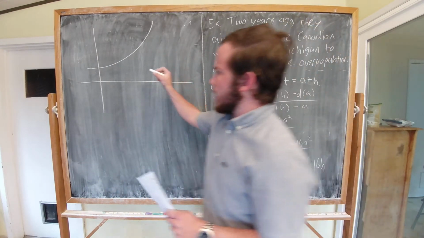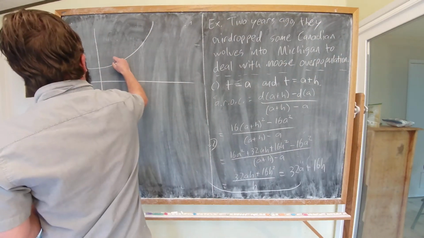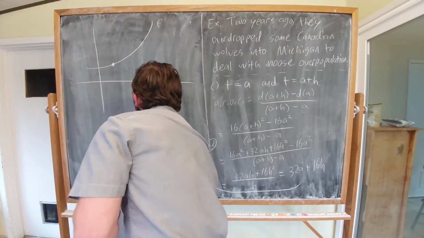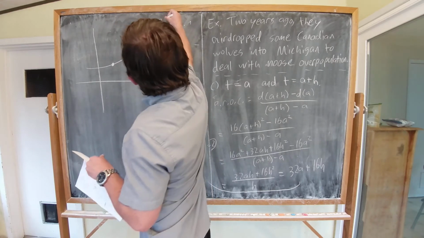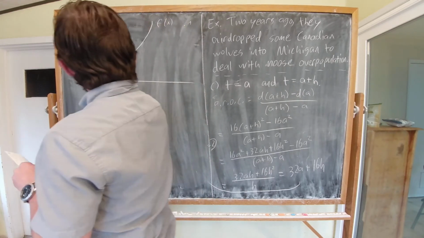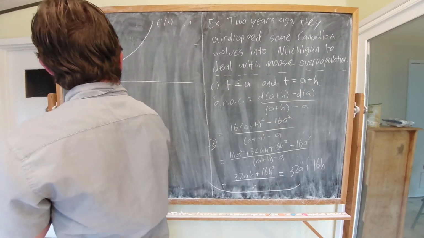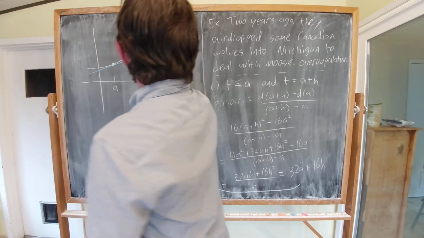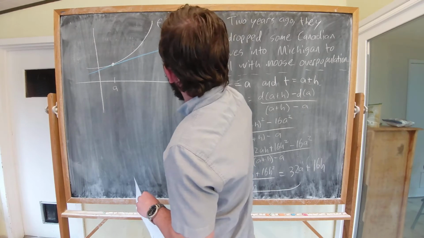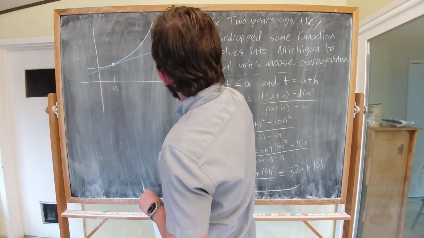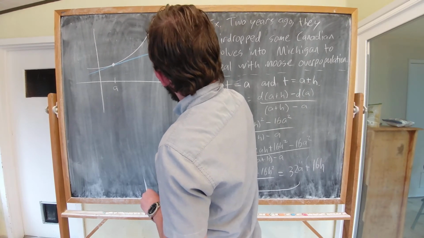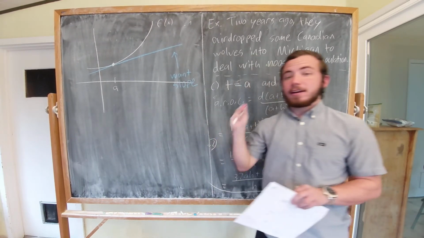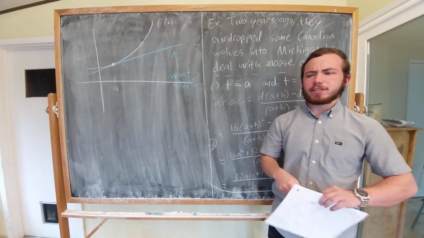And I wanted to find the tangent line to our function at this point. So maybe this is our a. And I'm trying to find the slope of this line. We ask ourselves, okay, how do we get there? Well, let's start taking some average rates of change.